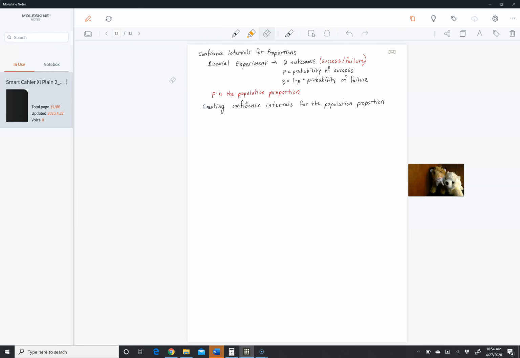If we're creating a confidence interval for the population proportion, the point estimate is the sample's proportion. So it requires a point estimate for P.